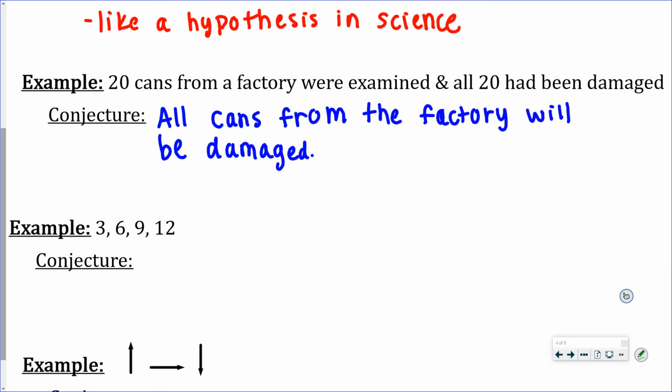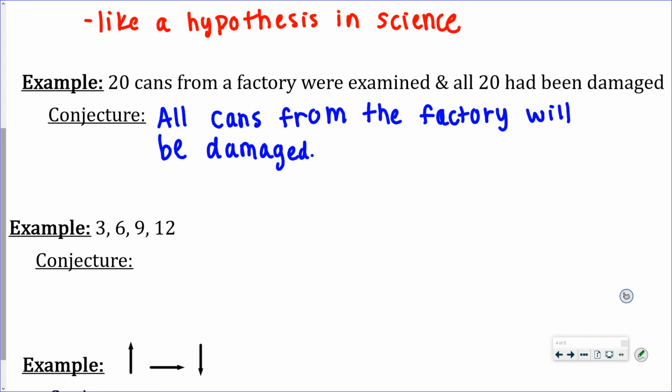Okay, let's look at a more mathy example. Here I have a sequence of numbers. 3, 6, 9, 12. So I'm looking for a pattern here. Let's just look at the first two terms. What are some ways I could get from 3 to 6? Add how many? 3. Add 3 or times by 2, right? Those are both ways. Okay, so let's look at the next one. How do I get from 6 to 9?